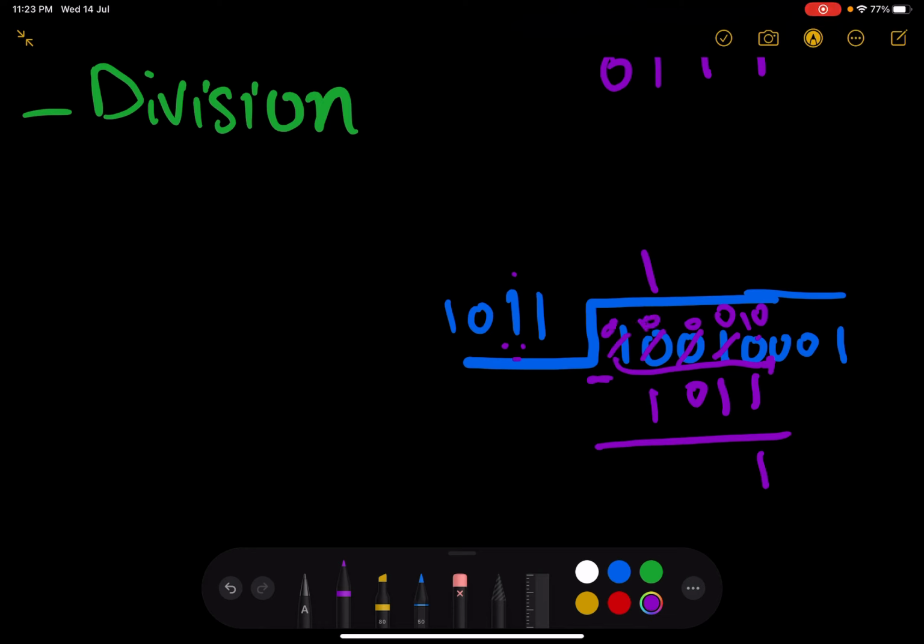This will be 0, then this will be 1, 1, and 2. 2 minus 1, 1, then this one will be 0. No, sorry, this one will be 1, and this one will be 0, because here we have a 1, here we have 1 minus 1, and this one is already 0.